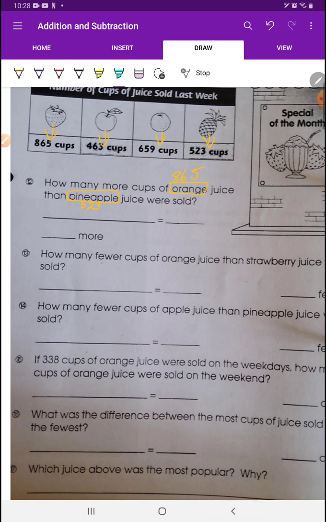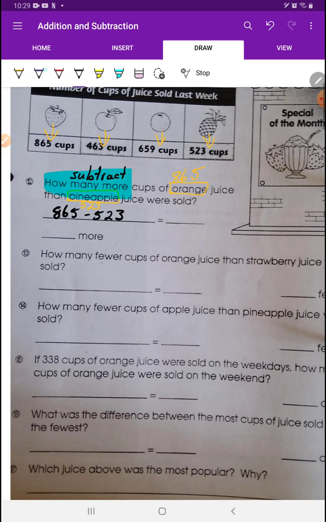Always. When you see those 3 words together, how many more, it means subtract. It will always mean subtract. It sounds like an addition question because it has the word more in it, but it is not an addition question. And so you're going to go 865 minus 523.